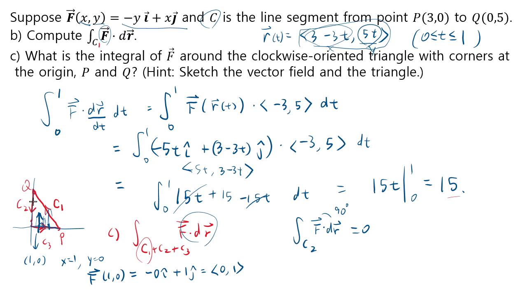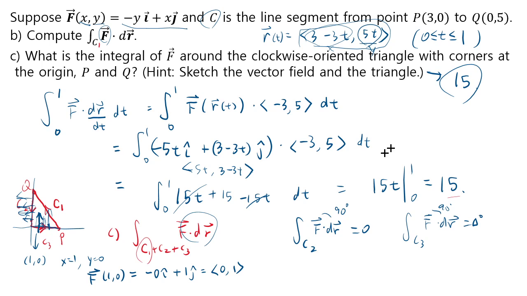Also, if you try drawing it at, say, 0, 1, 0, 2, 0, 3, for example, if you plug in 0, 1, you'll see that the vectors are pointed this way. Again, the direction of the path is going down and the vector is going left, so they're perpendicular. So that's also true for C3 of f dot dr. Again, it's 90 degrees. So the answer to C would still be 15.